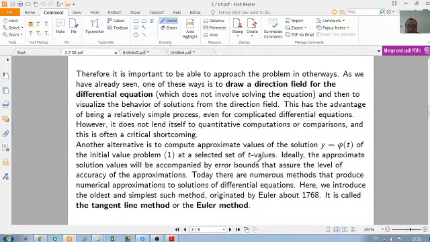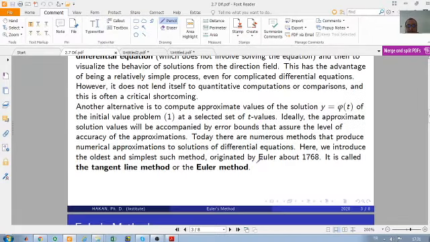Ideally, the approximate solution values will be accompanied by error bounds that assure the level of accuracy of the approximations. Today, there are numerous methods that produce numerical approximations to solutions of differential equations.